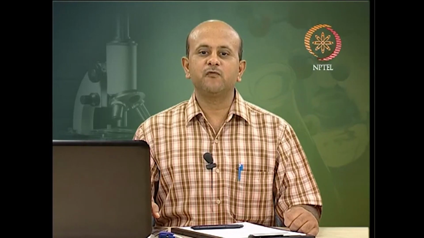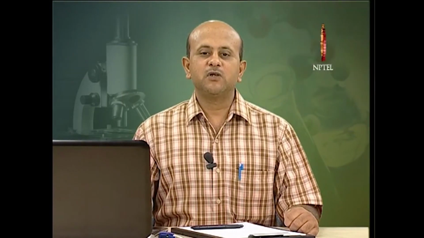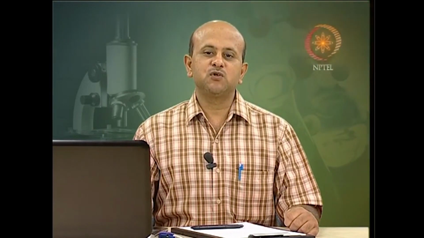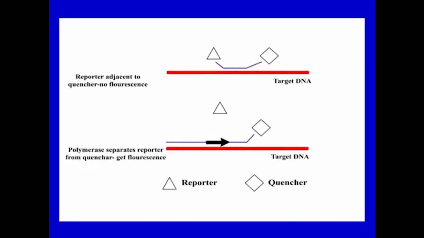If the quencher and the reporter are in close proximity, attached to the same oligonucleotide, then the quencher stops the reporter from fluorescing. Now, during PCR, the probe will anneal to single stranded DNA within the target region, and when the polymerase meets the annealed probe, the 5 prime to 3 prime exonuclease activity of the enzyme degrades the probe, liberating the reporter from the quencher, and thus the fluorescent reporter accumulates during the course of PCR. So, this could then be detected.